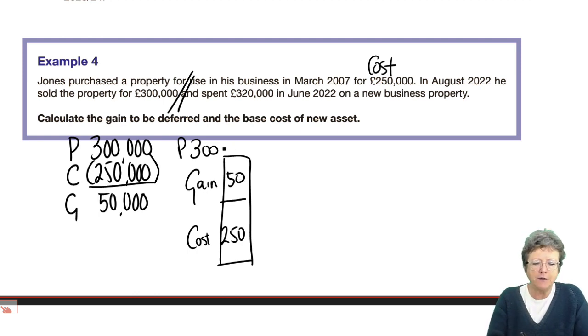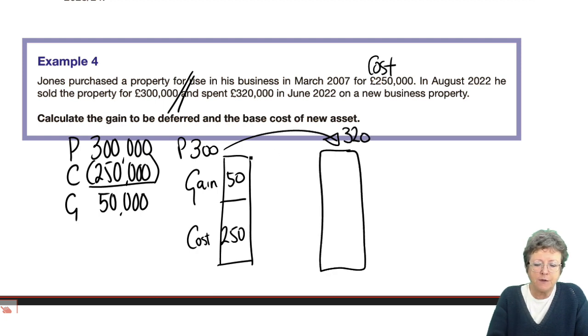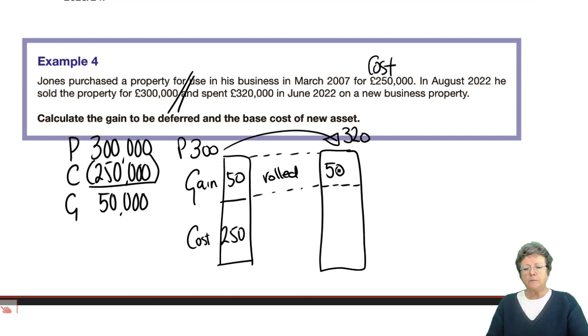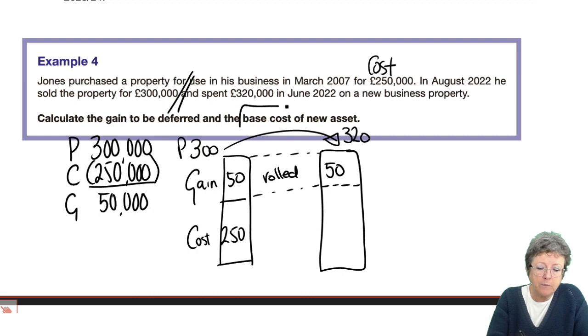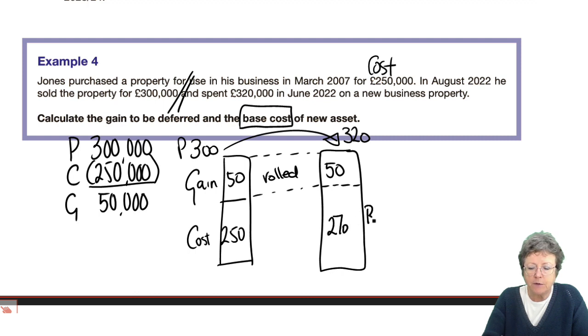Because he reinvested that into a new building, this can be rolled over into it. Therefore, the base cost, I'll explain a bit more about that in a minute, is the difference between the two. So that's the base cost.